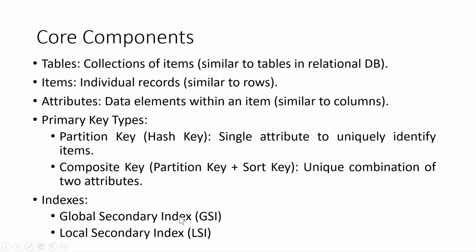For example, in a user table, the primary key is the user ID, so you could create a global secondary index to search by email. The local secondary index lets you query data using the same partition key as the table, but a different sort key.